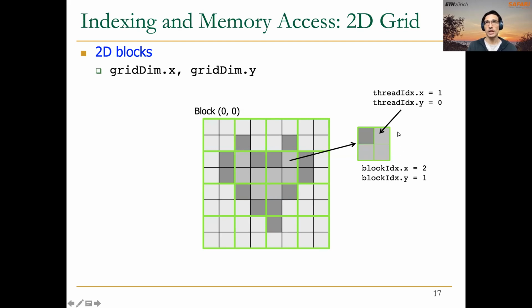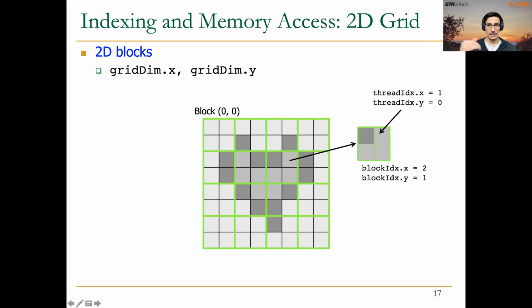For example, the thread that we would assign to this pixel is a thread with threadIdx.x equal to 1 and threadIdx.y equal to 0. Why is that? Because this thread is in the second column of the thread block, that is column 1, and in the first row of the thread block, that is row 0.